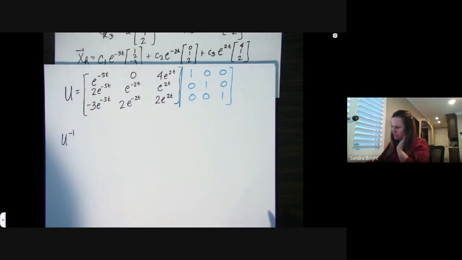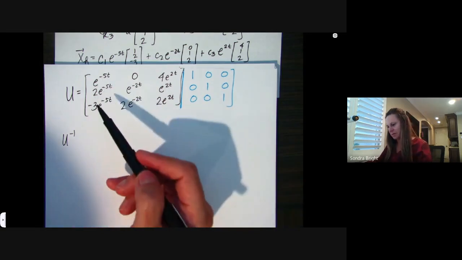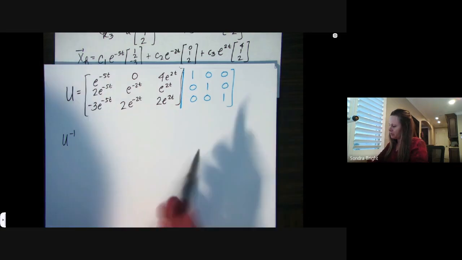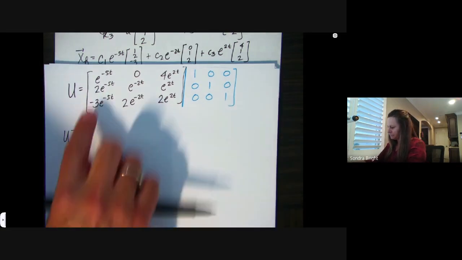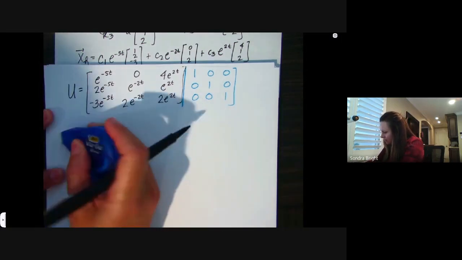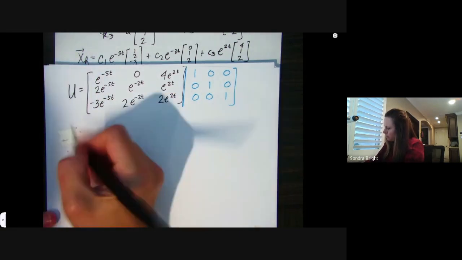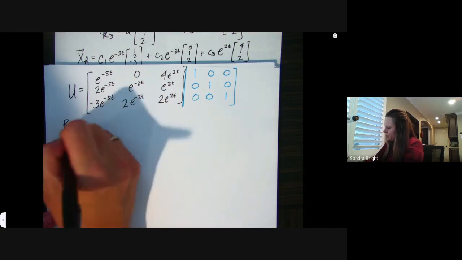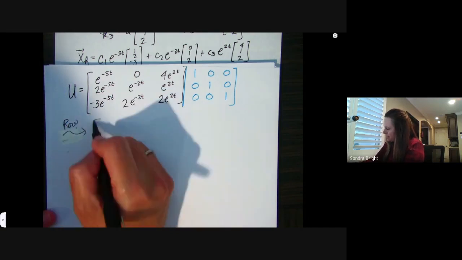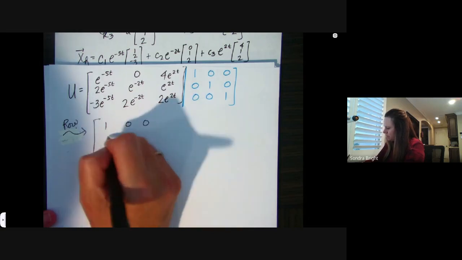You're going to do row operations, and it's a lot of them, and this video is already probably too long. You'll do a whole bunch of row operations to end up with a matrix that is 1, 0, 0, 0, 1, 0, 0, 0, 1.